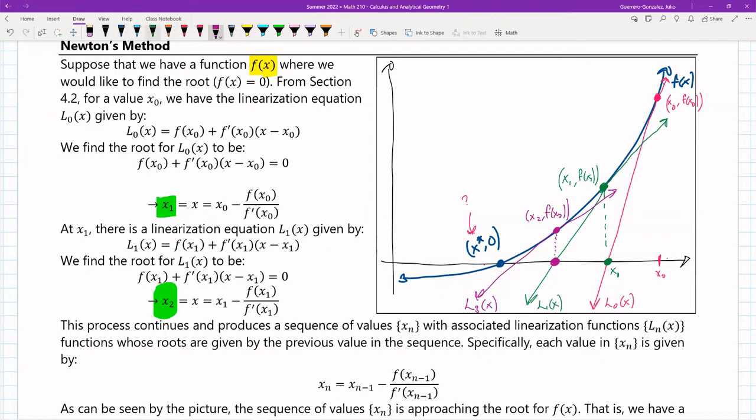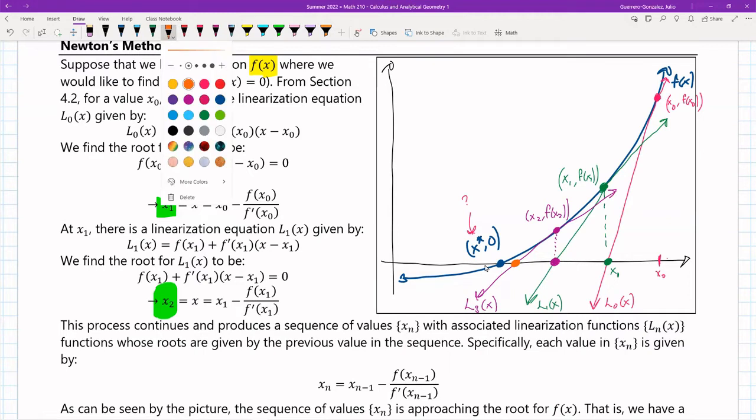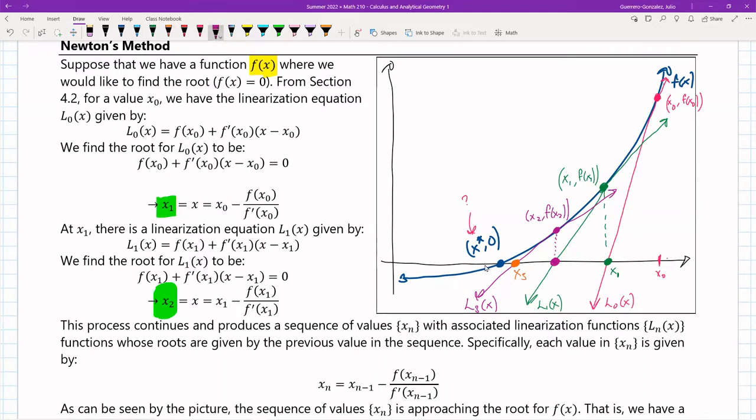And now I'm going to get a new root for that line, that point right there. That is now x4, or x3, sorry. And I didn't label the one before it, x2. There we go.